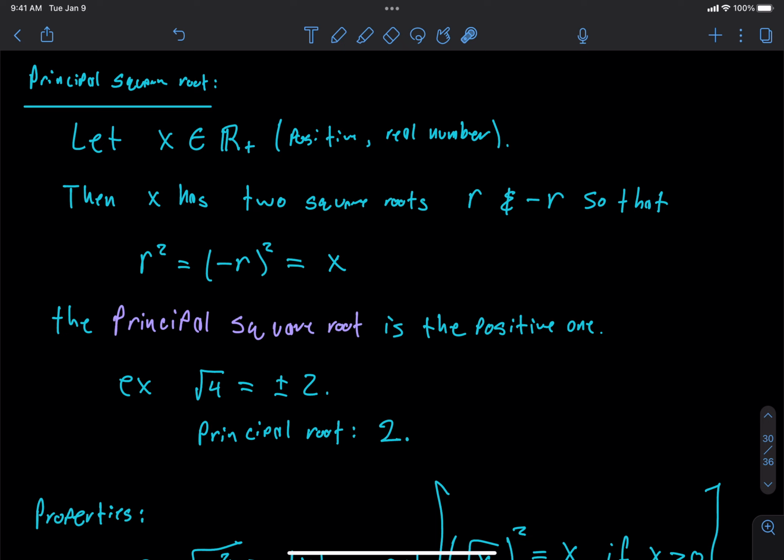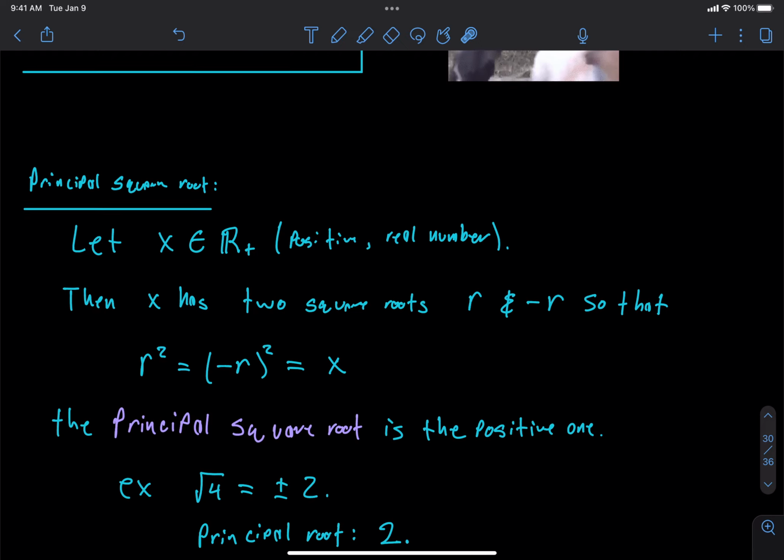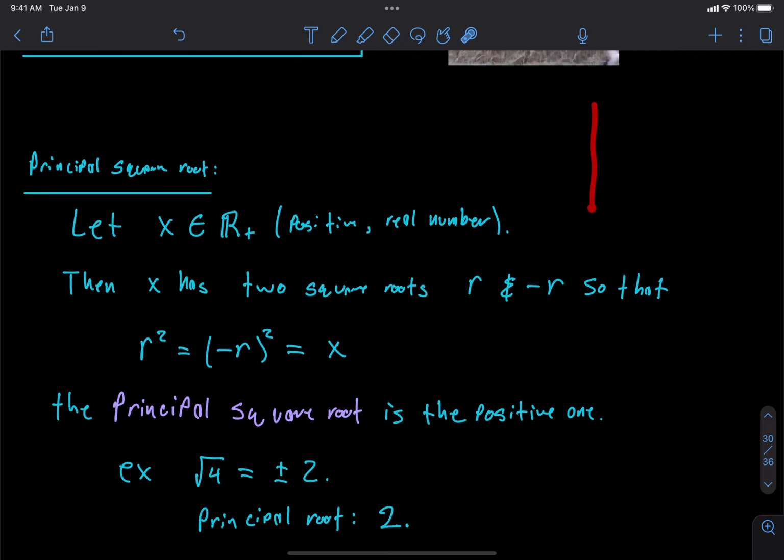So the only difference when we talk about the principal square root is we're talking about a function, which of course we haven't defined what a function is, but we will do that soon. But one of the things that we need to be true about a function is that it should pass what's called the vertical line test. And if you graph the relation y is equal to the square root of x, you actually get a parabola looking like this, which clearly fails the vertical line test because if I put a vertical line through it, it touches at 2 points.